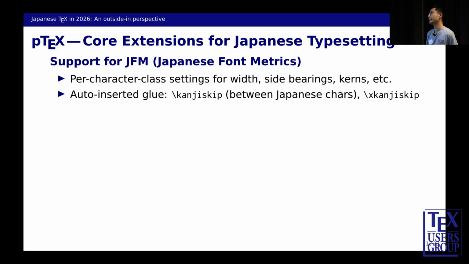Talking about pTeX in a bit more detail, like I said, the most important feature of pTeX is support for Japanese font metrics, which is a per-character-class setting for side bearing, kernings, and also automatic insertion of glue between script switching.